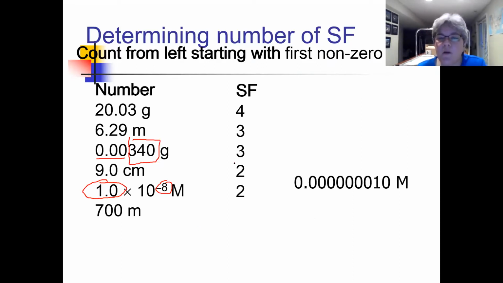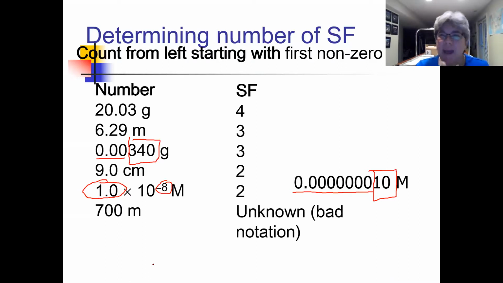So remember, all of these zeros here are just holding their place. Those are not significant. So the 2 significant ones are these 2 right here. And then this last one, 700 meters. Well, this is that case of the bad notation. I really don't know how many significant figures because I don't know how this measurement was made.